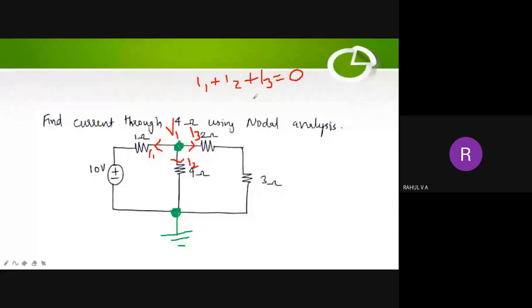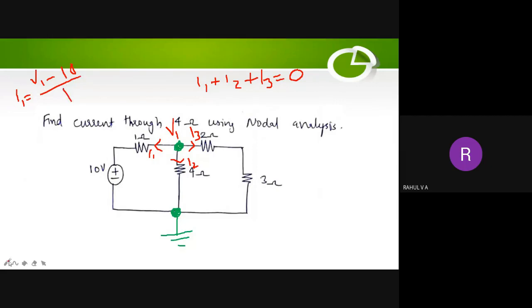Yes. Okay, now we have to write the equation. So we already have the equation I1 plus I2 plus I3 is equal to 0. So what is this I1? My question is, how much current will flow from node 1 to the supply? What will the current through the 1 ohm resistor be? How to calculate that? The current through the 1 ohm resistor, I1, is equal to V1 minus 10, the potential difference across the 1 ohm resistor, divided by 1.